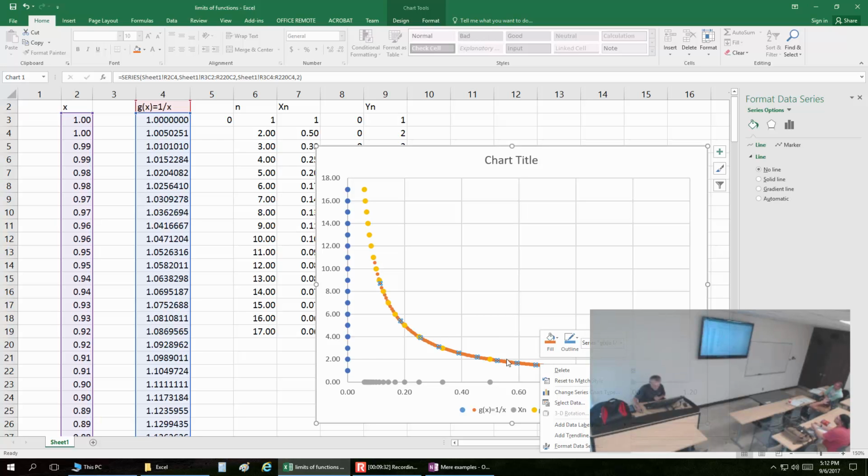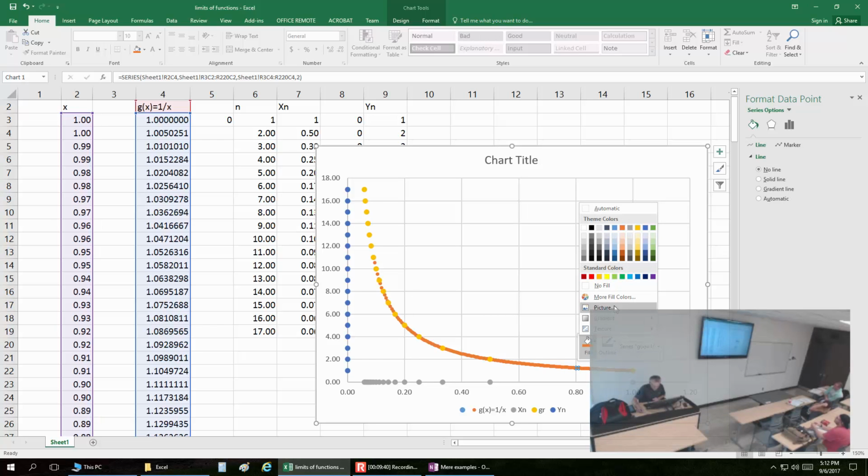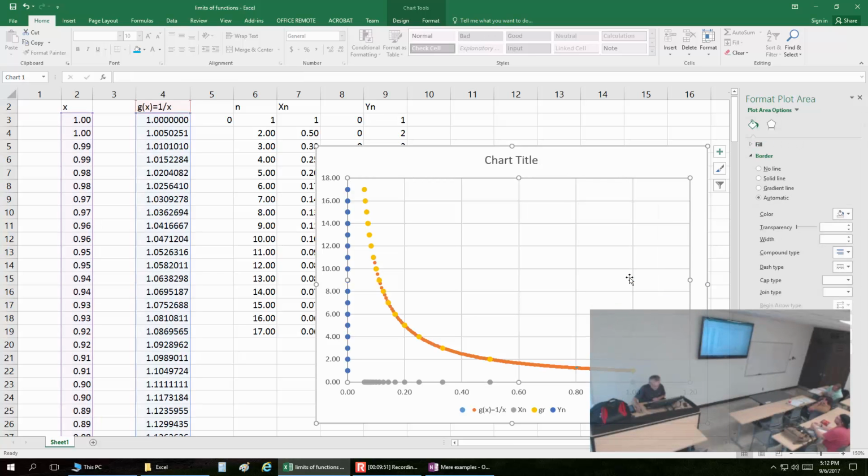The orange one, this one, fill. Why does it all look different? It just picks one point.